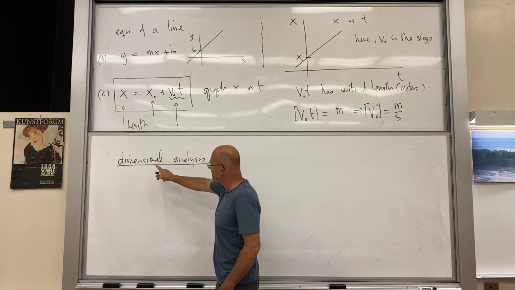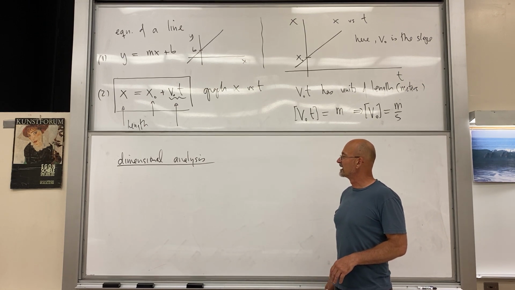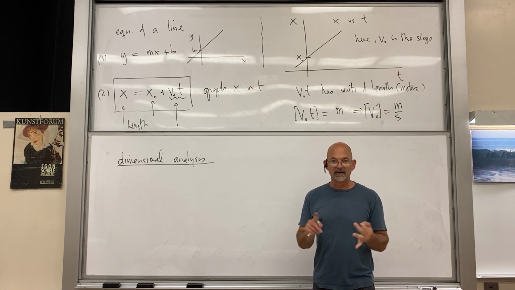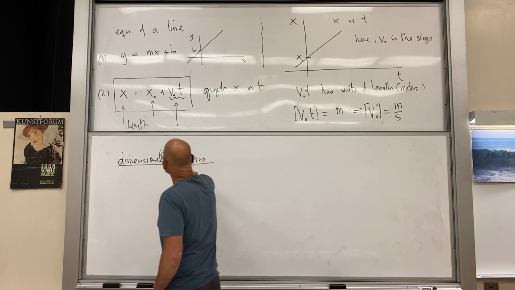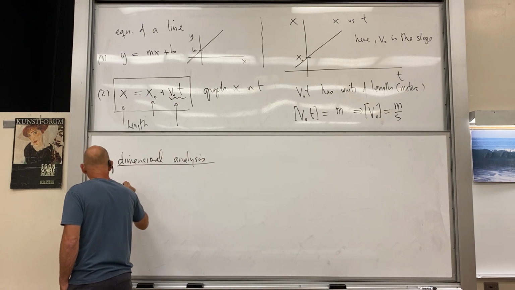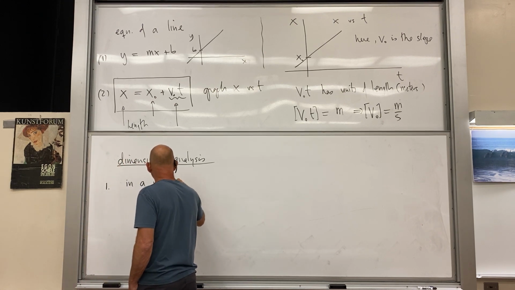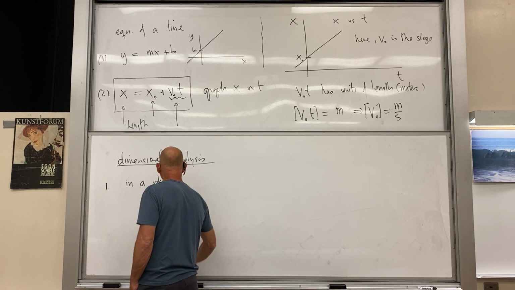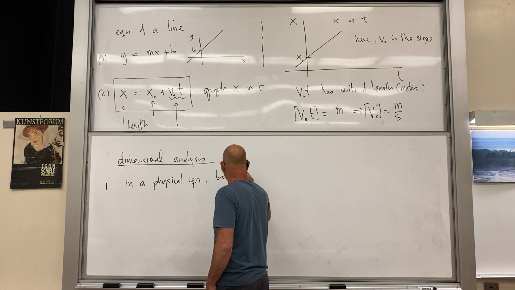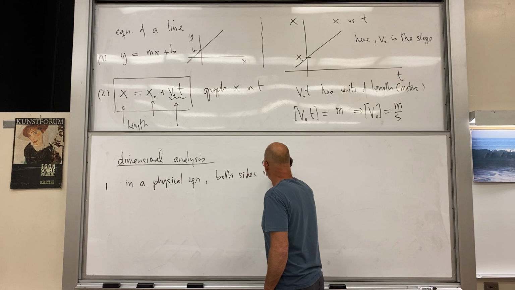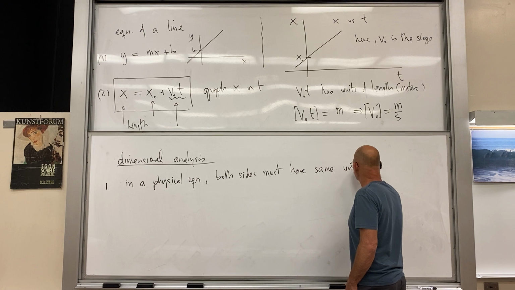So when we talk about a dimension, we're talking about the units of a quantity. So the dimension is either length or time, and coming later on, mass. But the first point is that in a physics equation, or in a physical equation, both sides must have the same units.